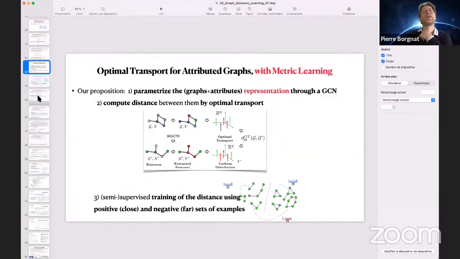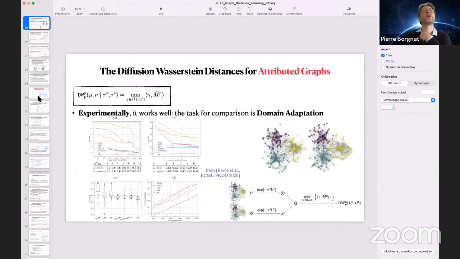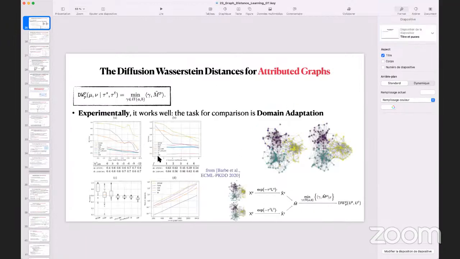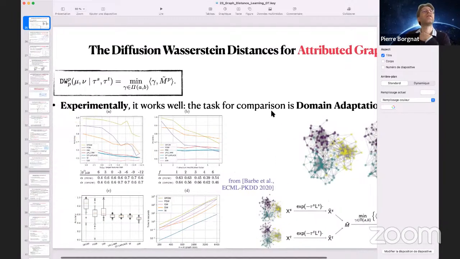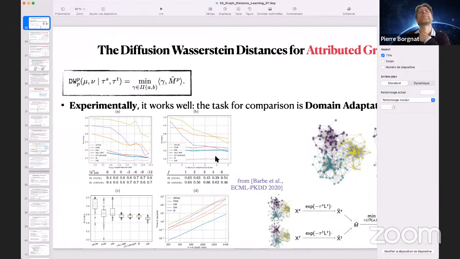In a sense, that's the thing we were trying to probe when we were doing these experiments. Here, when you are zooming on the left, we were just modifying the features and keeping a topology which is not that far away from one to the other.